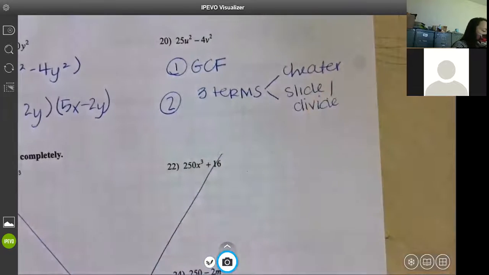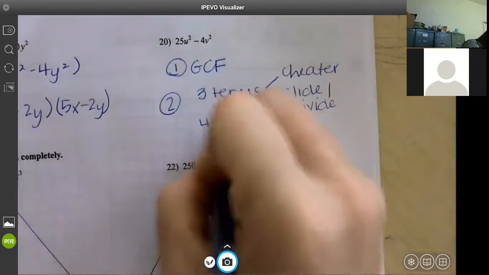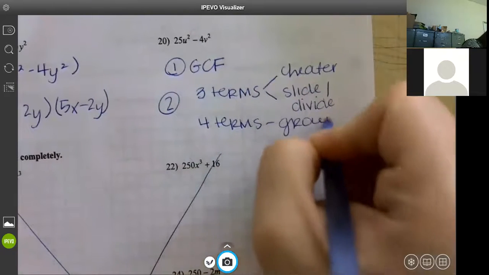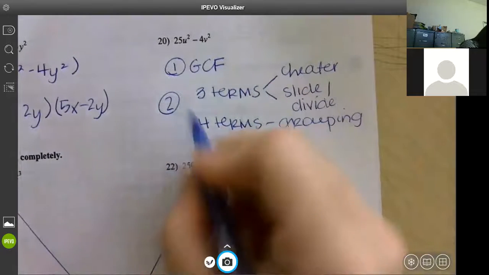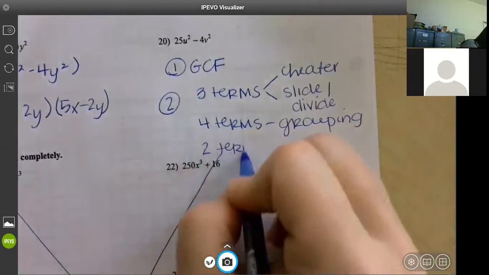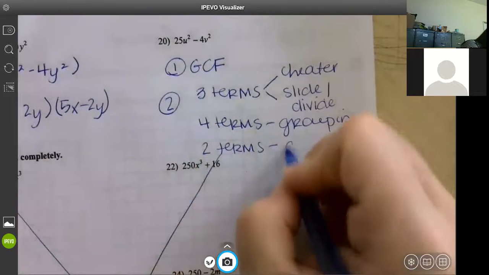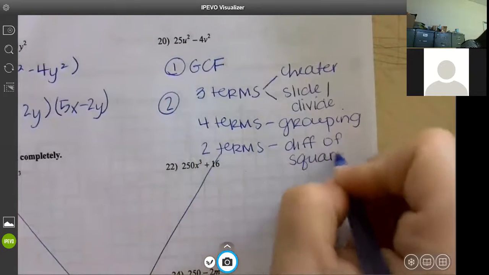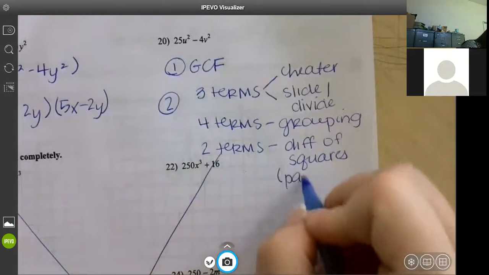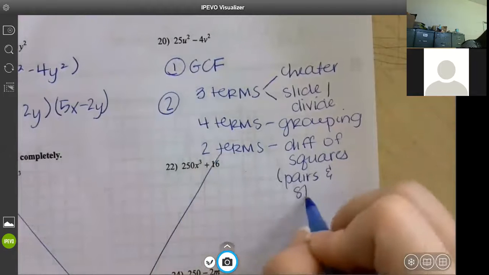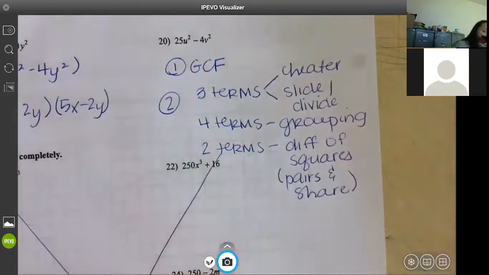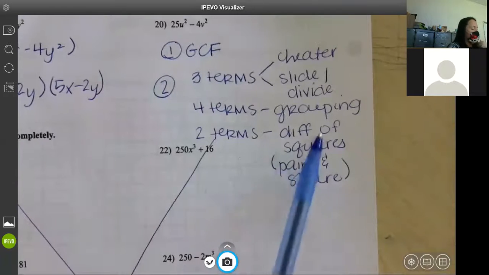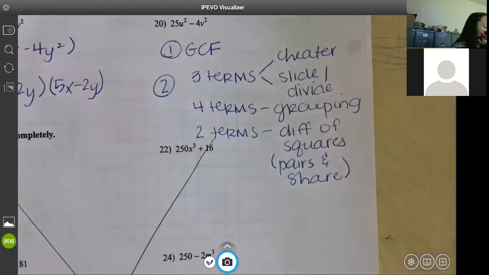Cheater method was yesterday, slide and divide was today. 4 terms yesterday was grouping. And if you have 2 terms, it may just be GCF and you're done, or it could be difference of squares, or what I call pairs and shares.